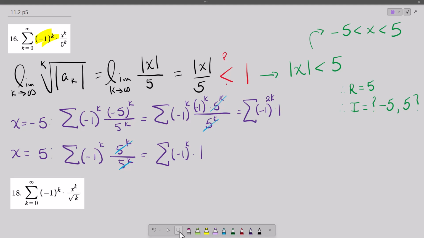You can do it -1 to the 2, all to the k. Well, -1 to the 2 is +1, so then you have 1 to the k, which is 1. It's always positive. So this series boils down even further to just that. And this one, usually we would just write as -1 to the k.